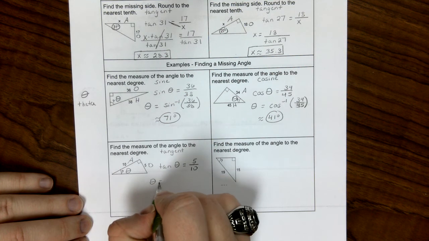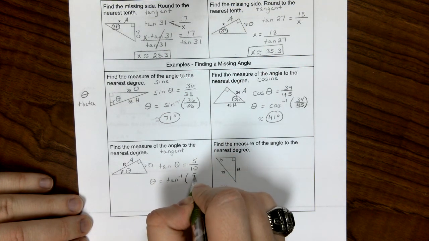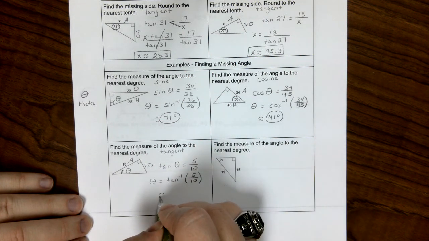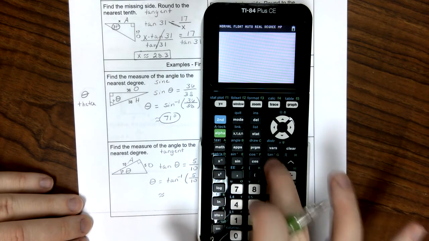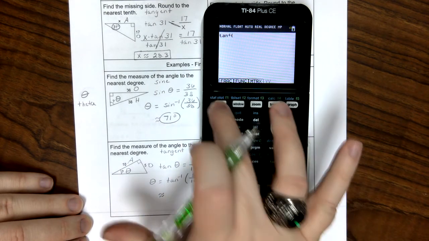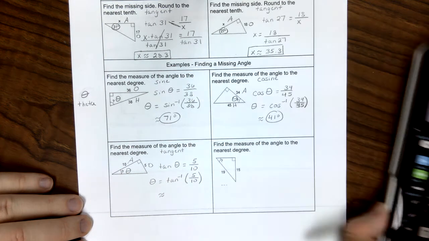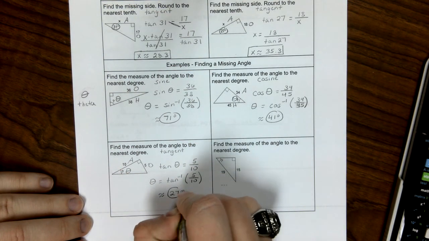Drop tangent. Make sure to put inverse on the other side. And then use inverse tangent, so make sure you hit blue. A 5 over 10, and that's going to round to 27 degrees if you round to the nearest whole. 27 degrees.